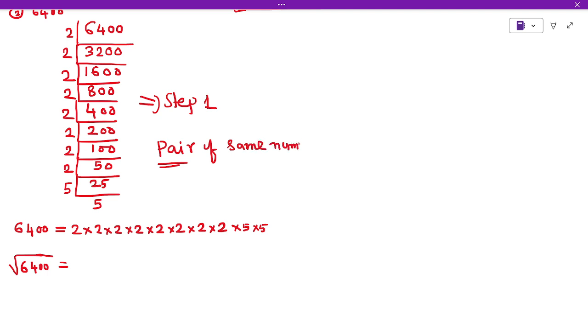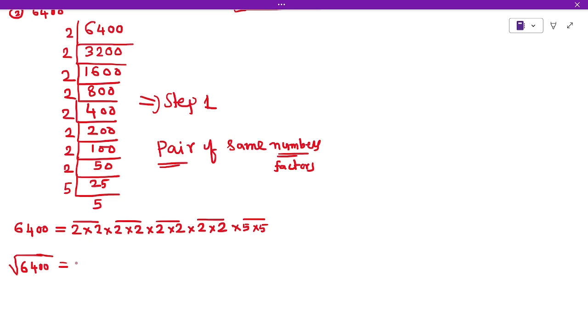Here the numbers mean the prime factors. Let me put the pairs. This is one pair, this is another pair, this is a third, this is a fourth, and this is a fifth. For each pair, you take one.